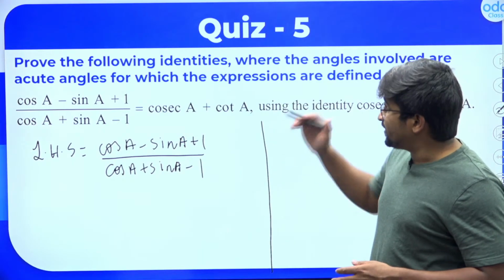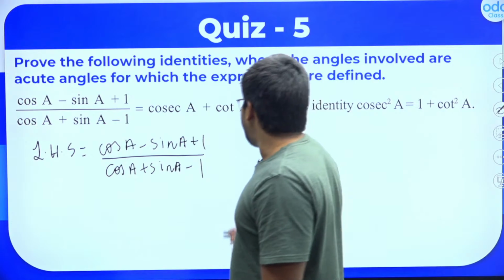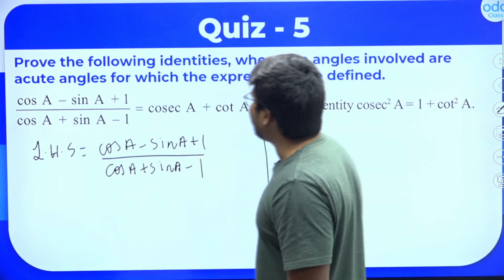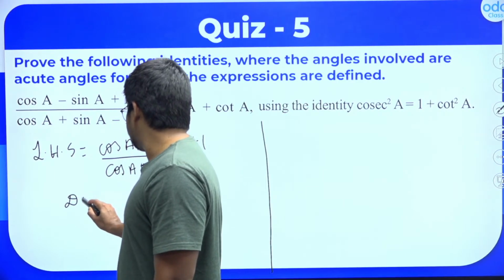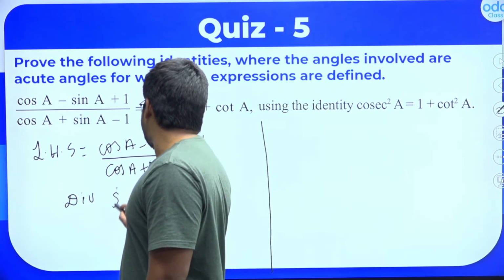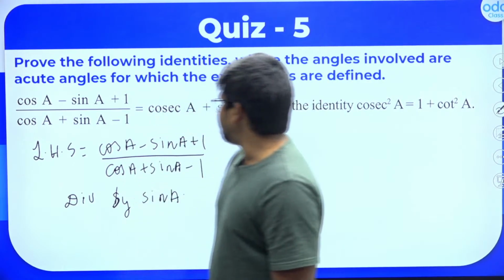You know that cosec will have sin in the denominator. Correct? So let's divide numerator and denominator by sin A. Numerator and denominator I am dividing by sin A. So what happens?